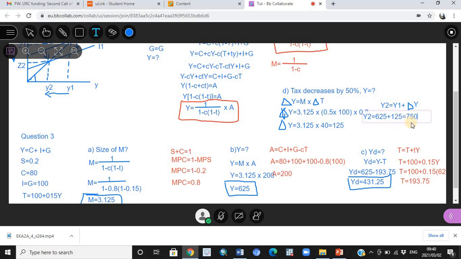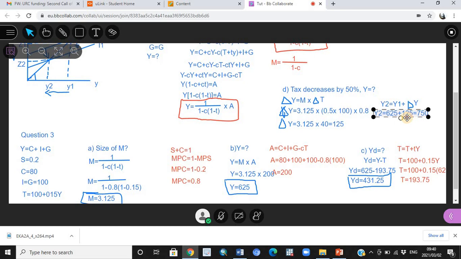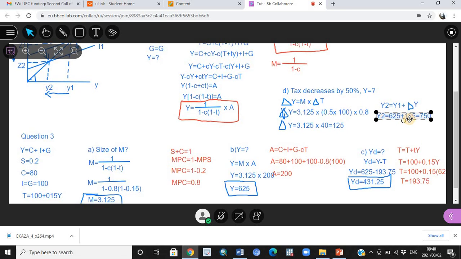So this is our new income given a change in tax, given a decrease in tax.